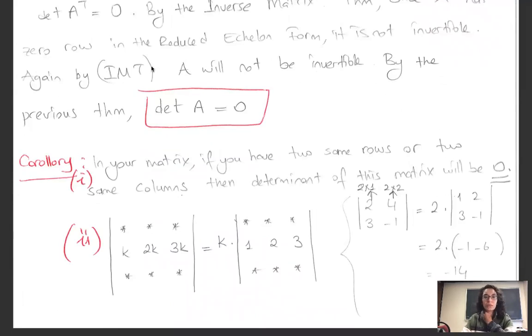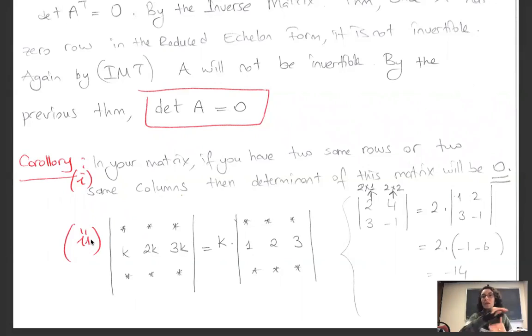Now in this corollary, we give 2 facts. We say that in your matrix, if you have 2 same rows or 2 same columns, automatically your determinant will be 0. Okay, why? Because if you have, for example, two same rows, you can apply the row replacement, right? You can just multiply one of these rows by -1 and add it to the other one.